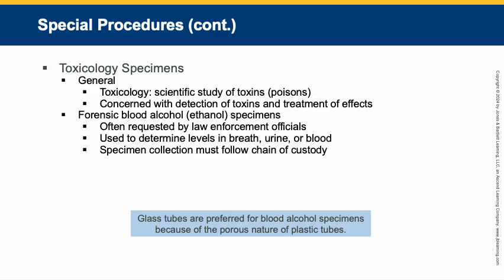You may be called into court to show that you followed protocol, so that their lawyer can't say the specimen was tampered with in the lab. As long as you're following the appropriate procedures, you don't have anything to worry about.